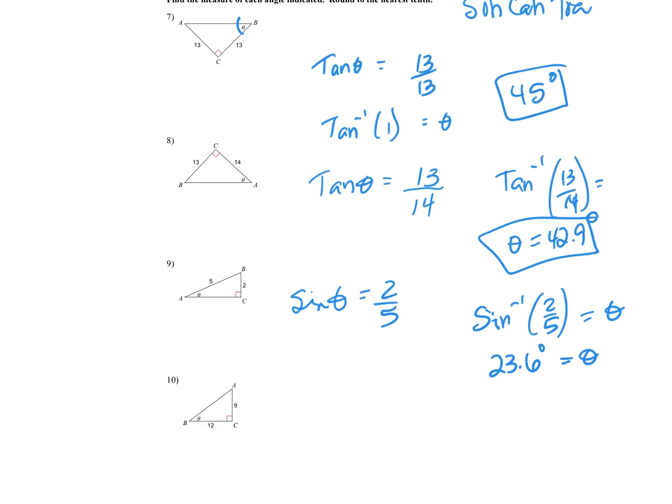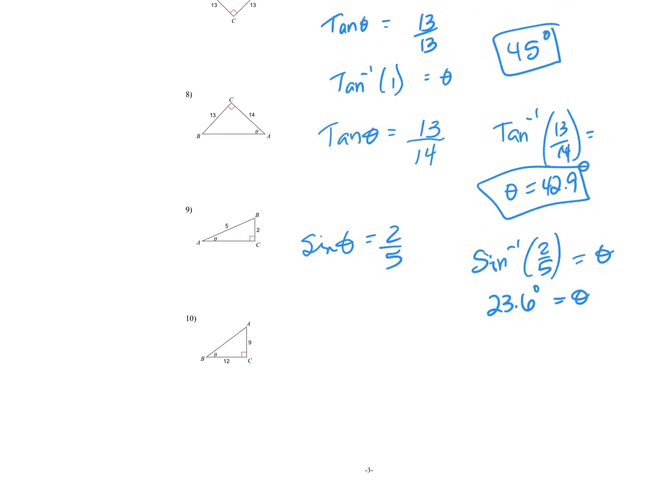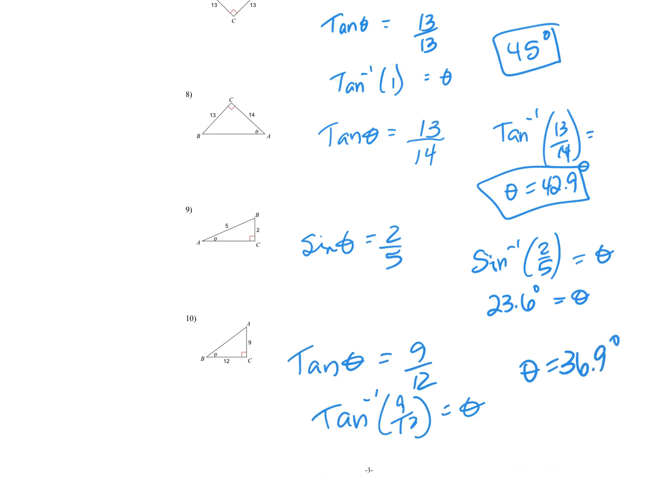Another tangent is opposite and adjacent. Tan of theta equals 9 over 12. So second tan of 9 over 12 equals theta, and that is 36.9. Theta equals 36.9 degrees.